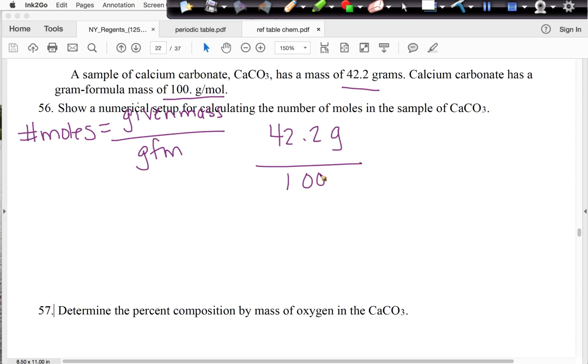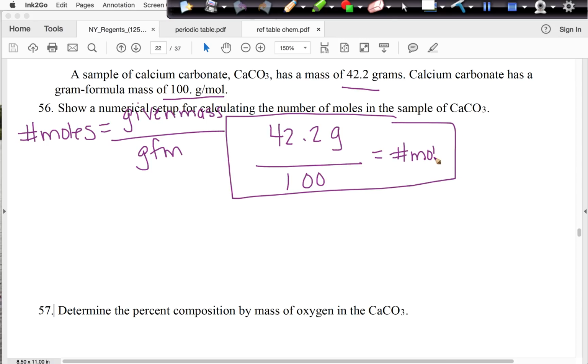The gram formula mass is 100 grams. This would be the correct numerical setup. All you need to do is do 42.2 over 100 to get the number of moles, and that would be according to the formula that's given.